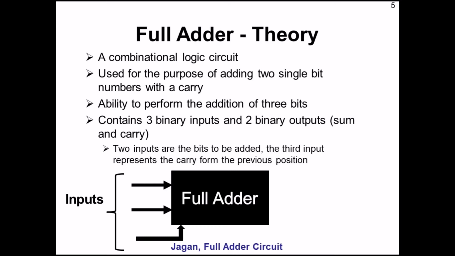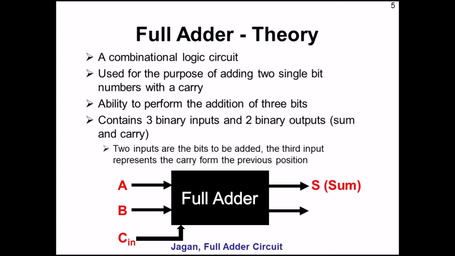So again I am just giving the label for the input A, input B and C in. C represents carry. Since I am using the carry as my input, I am giving the label C in, and my outputs are sum and the carry. So carry C out is the output.